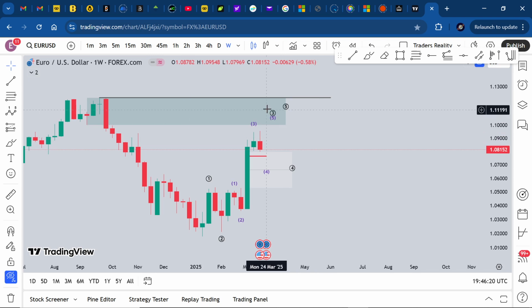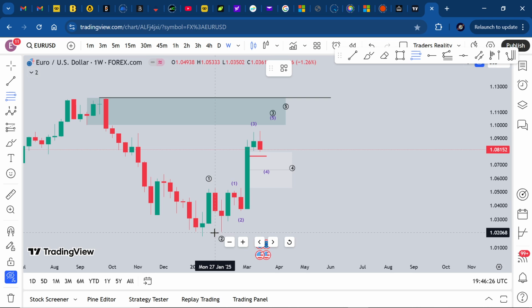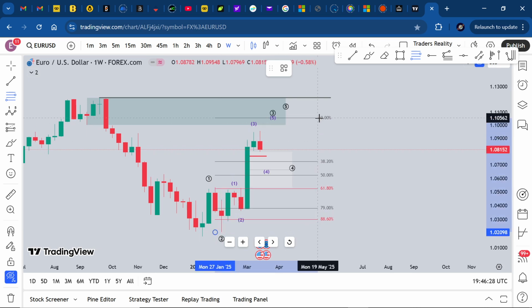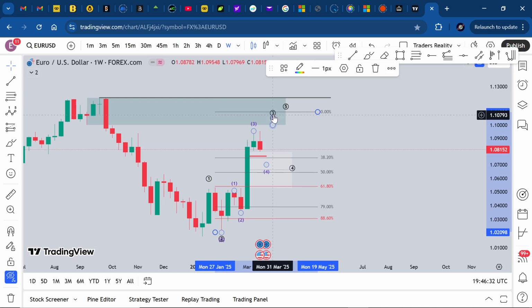If we come down to make the black 4 and then we go too deep, so for argument's sake, let's just mark from the bottom of 2 and say it ends here, 3. Say if 3 ends up ending here, and we come down and we touch this red line here, the 1.618, then this is not going to be a 1, 2, 3, 4, 5 in black.